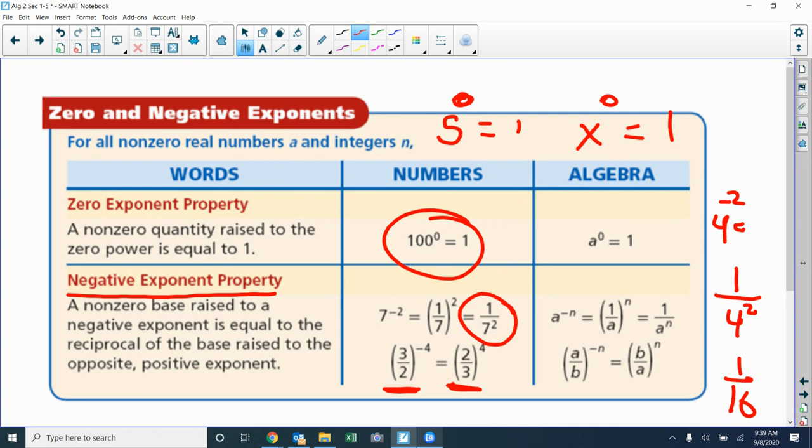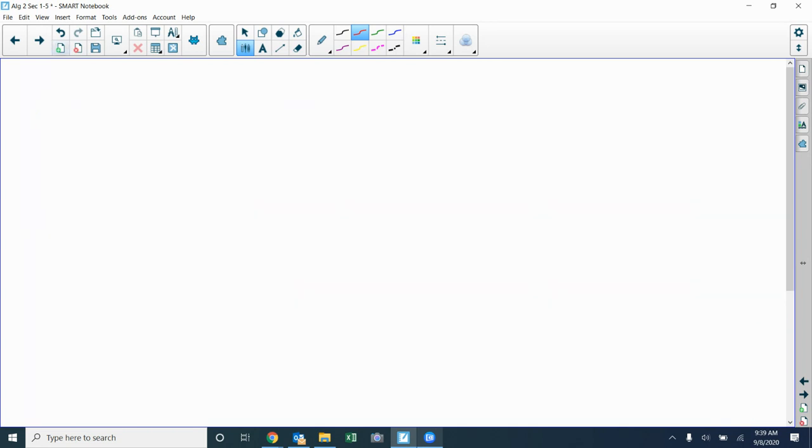Now I want you to write one more thing down, another rule that would help you. When the directions say simplify, that means no negative exponents. So if I had something like x to the negative second, y to the negative third, with a 5 out front, and I said simplify this, the answer would be 5 still, it doesn't change.